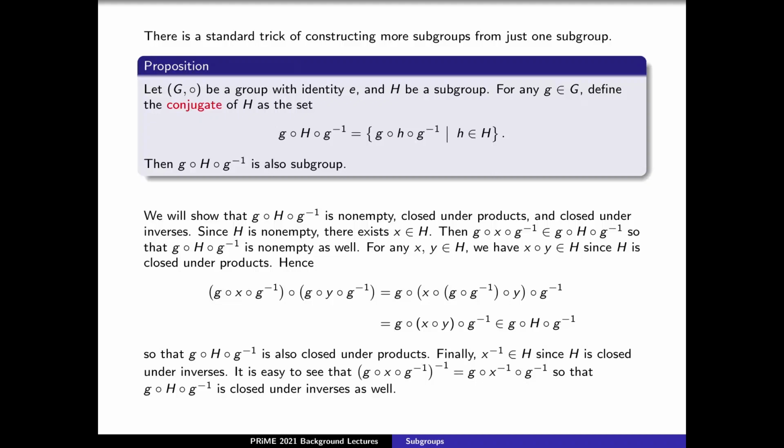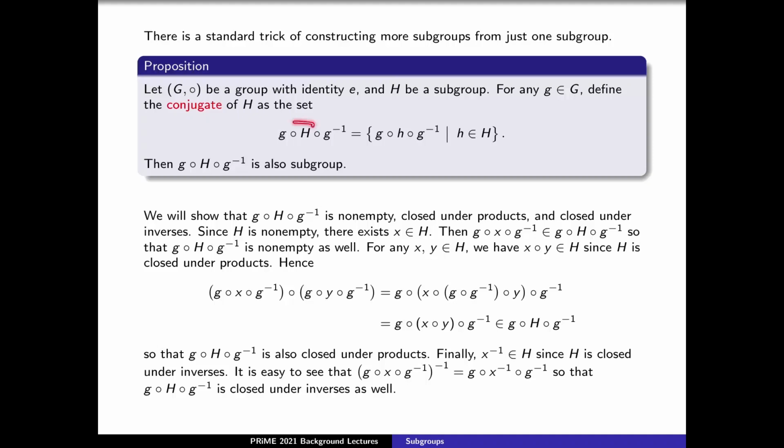Let us take a group G with identity e, and let's say that we have a subgroup H. So in the example we just did, G is GL_n, H is SO_n. What this proposition tells us is that for every element g in the group G, we can define the conjugate of H to be g ∘ H ∘ g inverse. Keep in mind g and g inverse are elements of capital G, and H is the set.